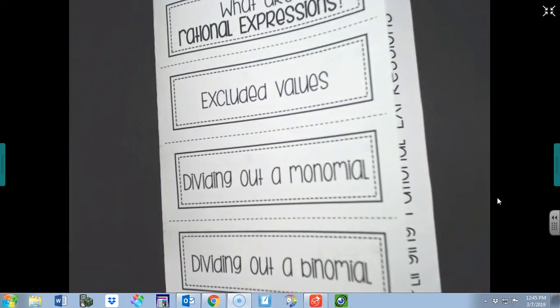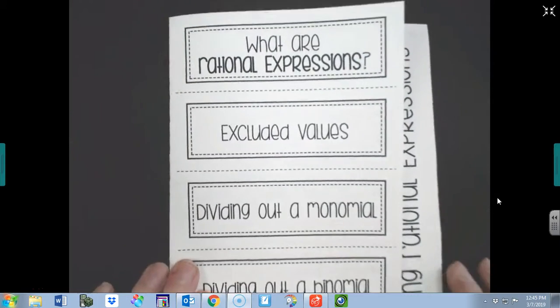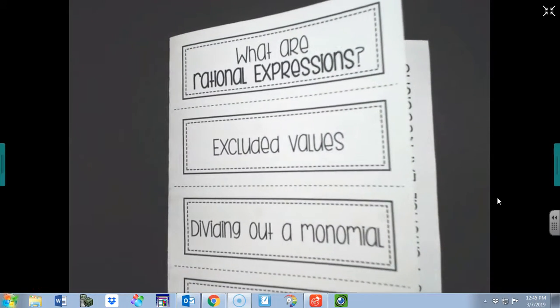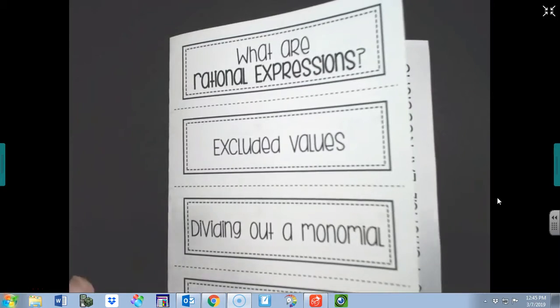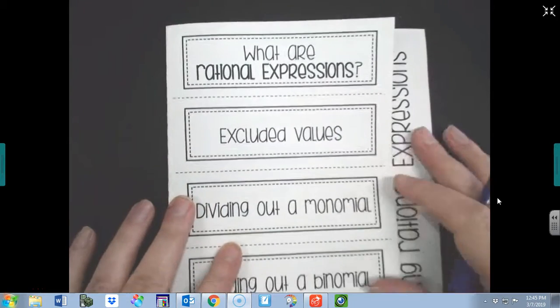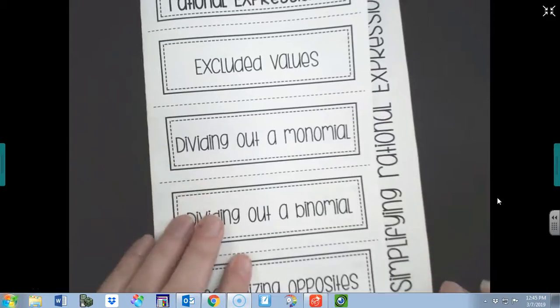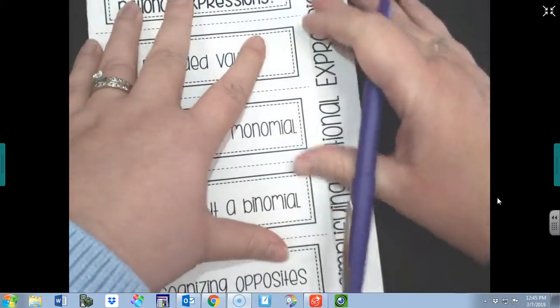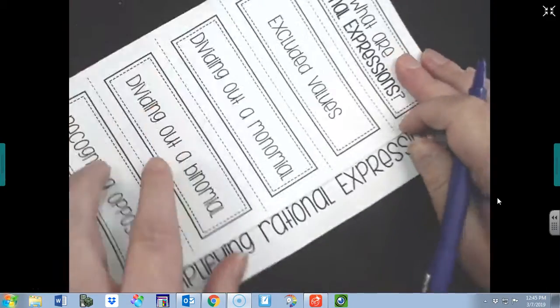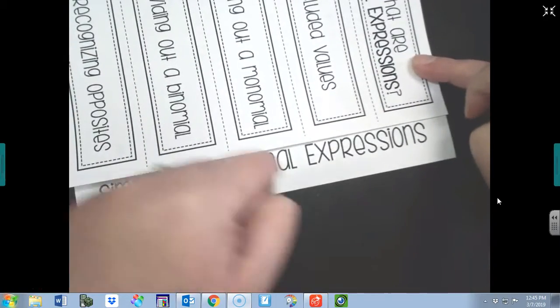Alright, so today we're going to start our new unit called Rational Functions. You have your table of contents, you can put that into your notebook. The handout that you received, just fold it, not quite in half. That way you can see your little title here.